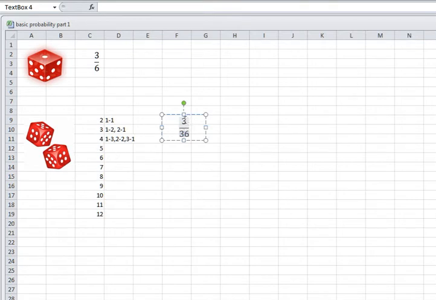And to get that 2, there's only 1 out of the 36 would be a 2. There'd be 2 out of 36 that would be a 3. There'd be 3 out of 36 that would be a 4.